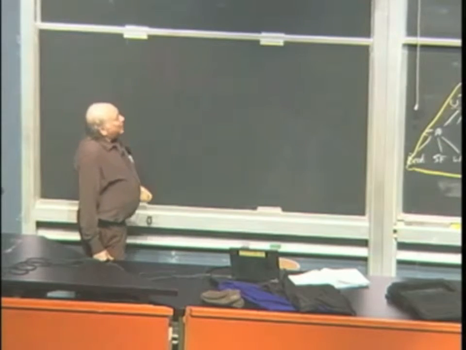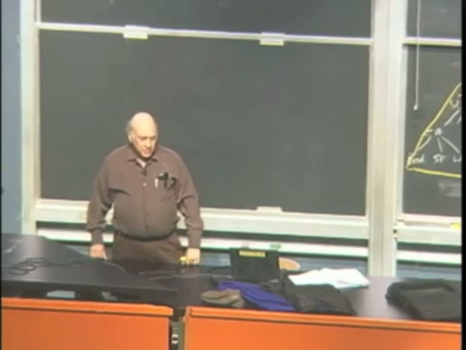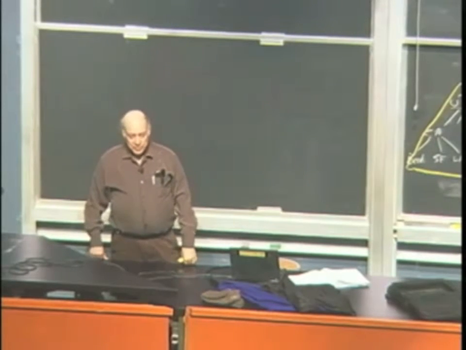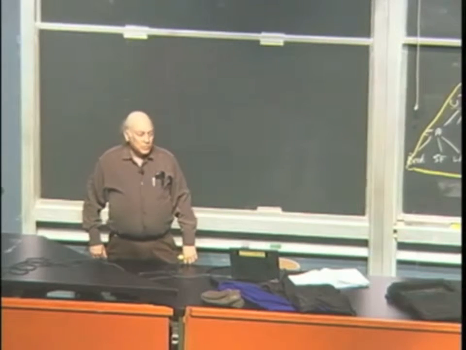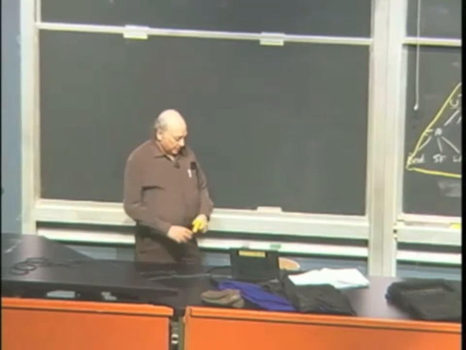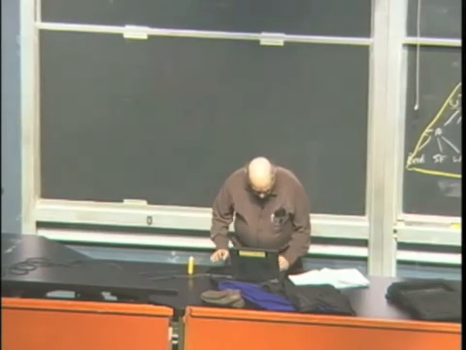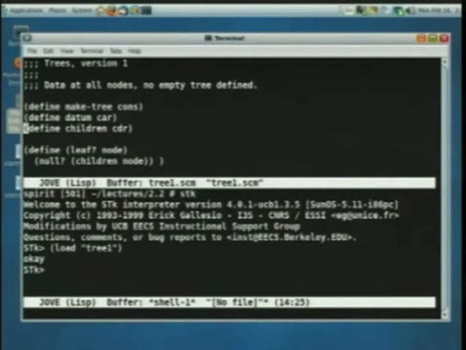And selectors datum and children. And it turns out datum is just car and children is just cdr in the implementation that we're using. But as with any abstract data type, once we've created this abstraction, you're not supposed to think about it that way. So up here, we have the constructor and the two selectors for trees.